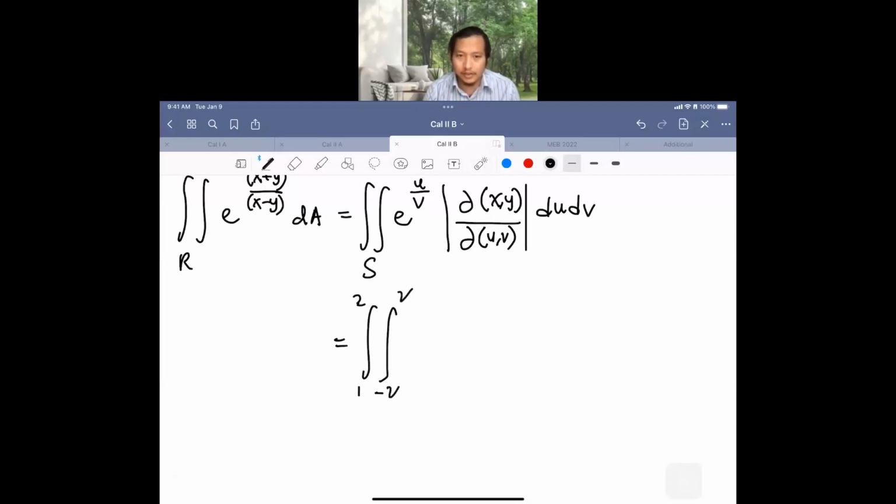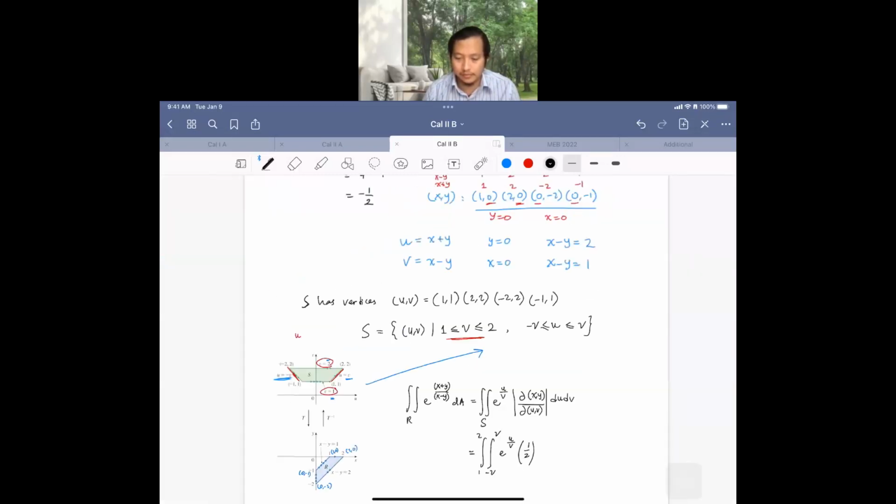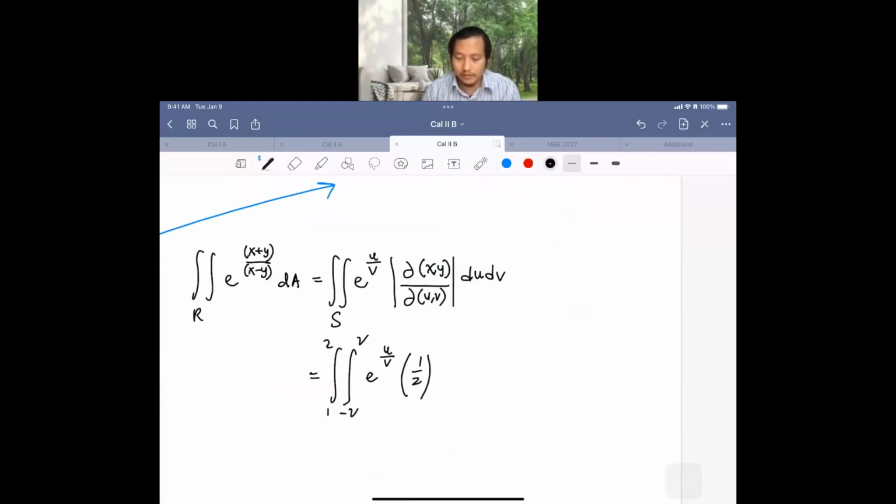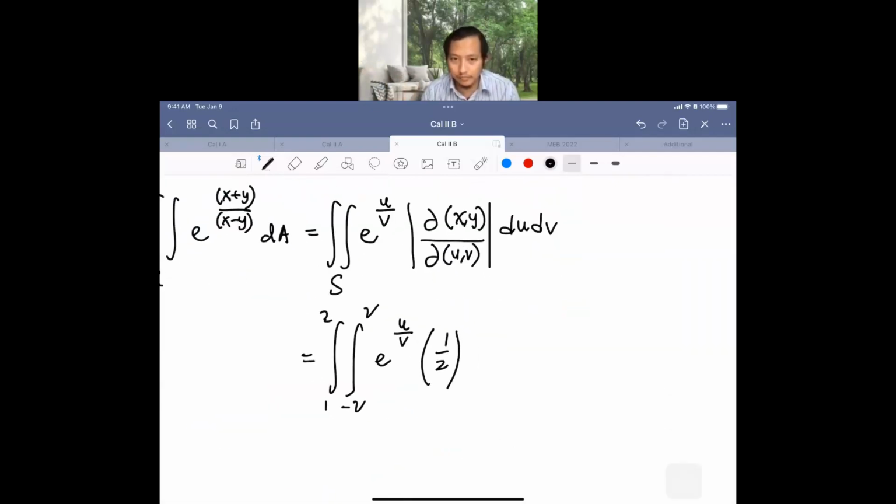So we put there e^(u/v), and then the Jacobian is half, its absolute value. And then du will be just du and dv.